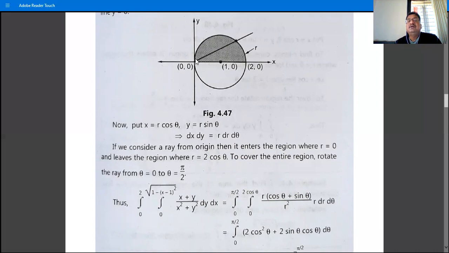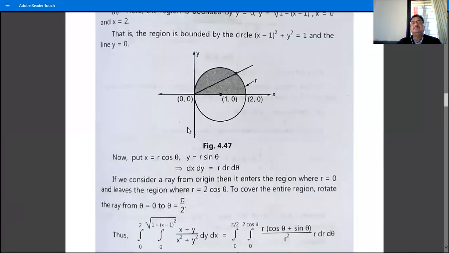In order to cover the region, we have to move this ray from the x-axis to the y-axis. That is, to cover the area, we have to move the ray through an angle from 0 to pi by 2. So theta is 0 to pi by 2, and r runs from 0 to 2 cos theta.